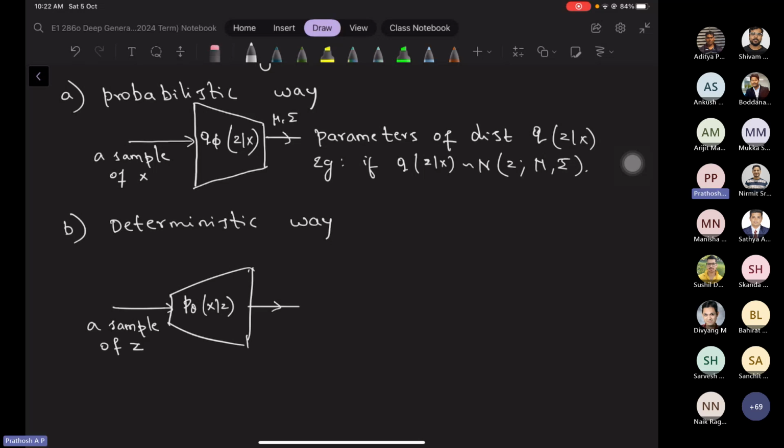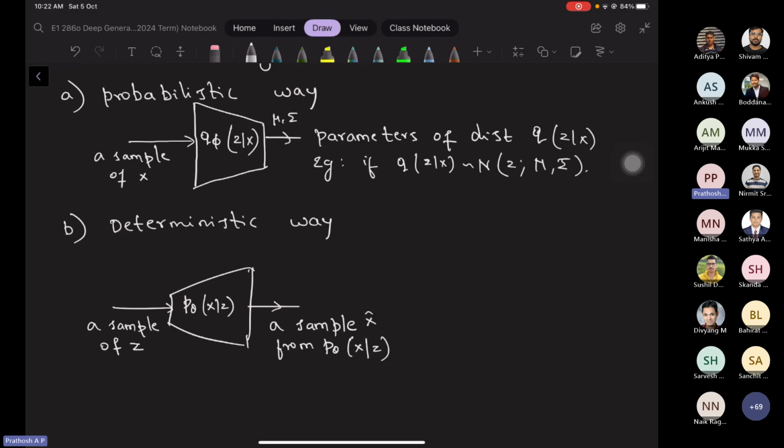What will a deterministic neural network give you? It will simply give you a sample x cap from p theta of x given z. This is the deterministic way.